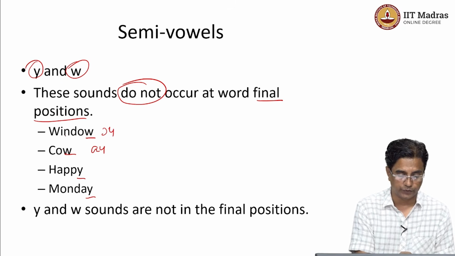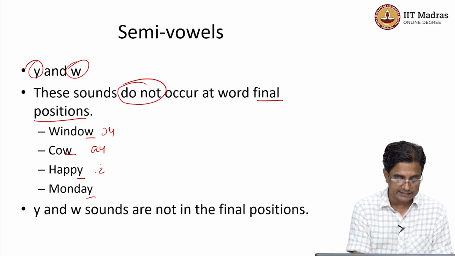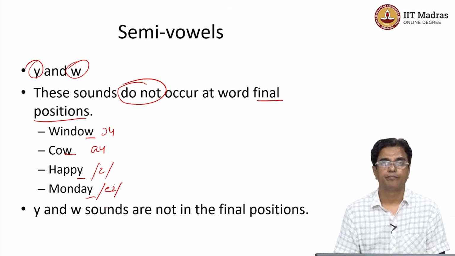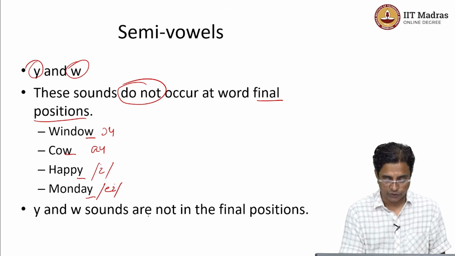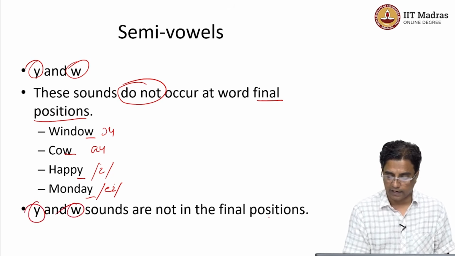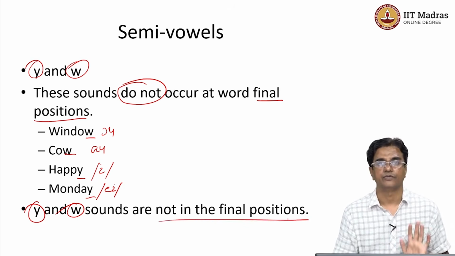O and u in window. In happy, you have an E sound. In Monday, you have a diphthong, not semi-vowels. So these two sounds are not in the final position of these words.